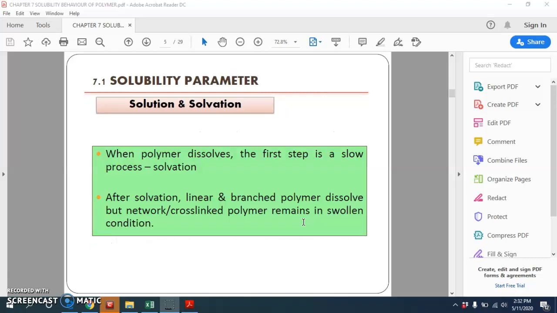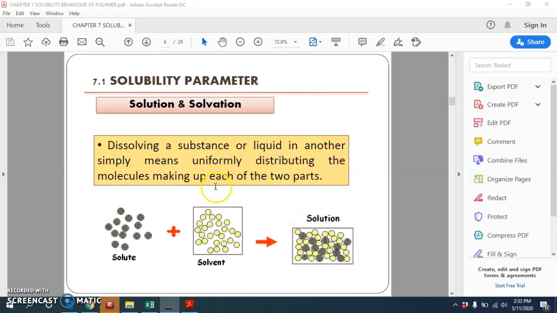When a polymer dissolves, the first step is a slow process called solvation, and after the solvation, linear and branched polymers dissolve, but network and cross-linked polymers remain in a swollen condition. It only swells. Dissolving a substance or liquid in another simply means uniformly distributing the molecules making up each of the two parts.